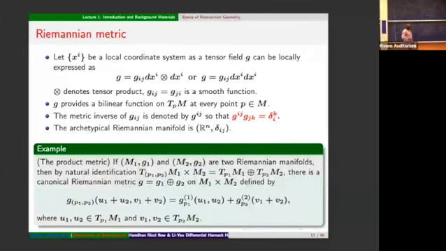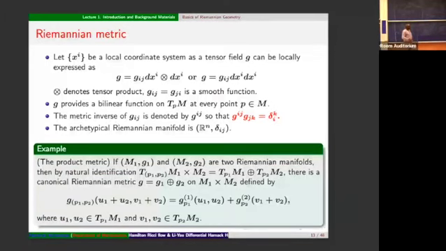The tangent space at the point (P1, P2) of the product manifold gives the direct sum of the two tangent spaces. And you have a canonical Riemannian metric, G1 plus G2, on M1 cross M2.